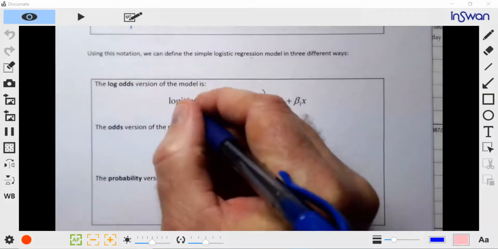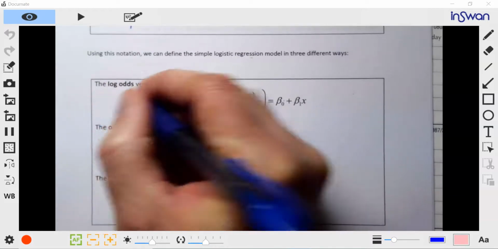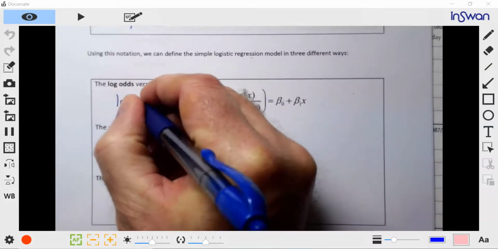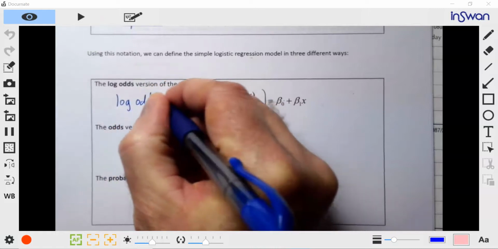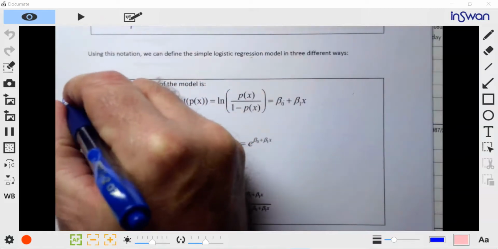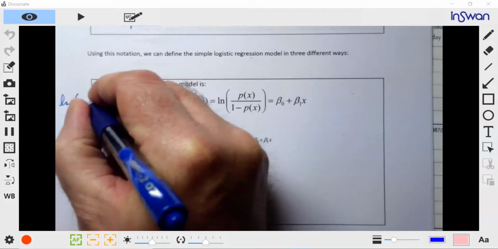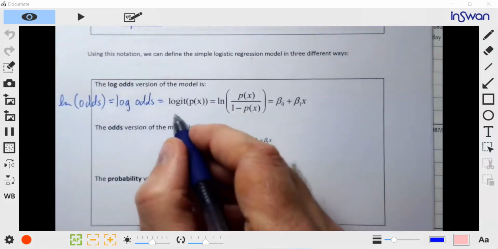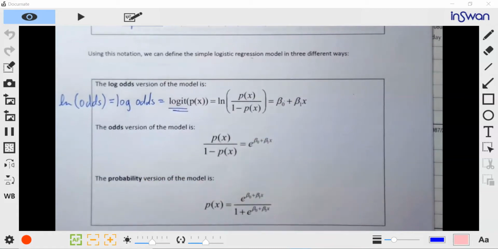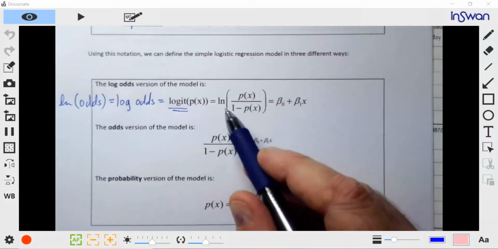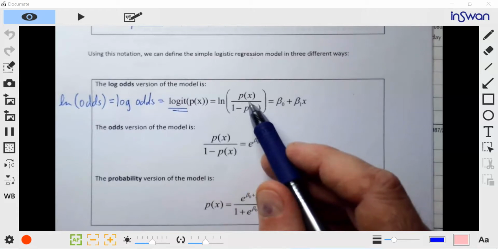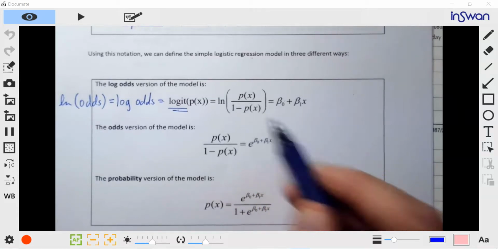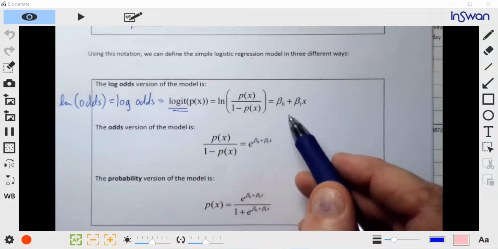Remember that the logit is just a fancy name for the log odds, or in math terms, the natural log of the odds. Okay, that's that logit function. So it's just the log of p of x over 1 minus p of x, which is just our linear function in x, beta 0 plus beta 1x.